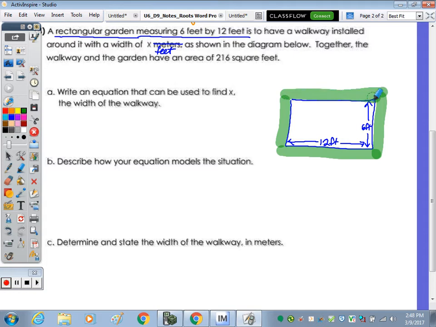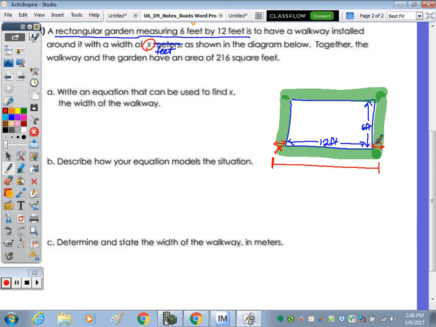X from the question. Now, to start here and walk all the way across to here, we're going to have this width of what? X plus the 12 to go from here all the way over, and then what else do I need to add in? Another X. So you were very close.